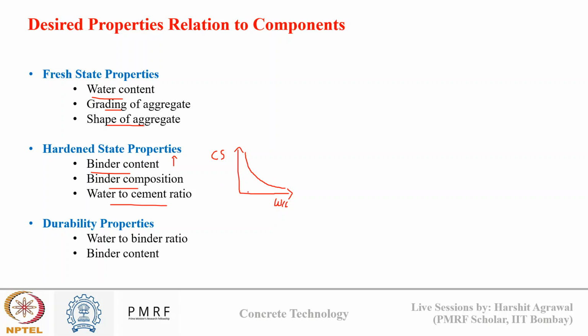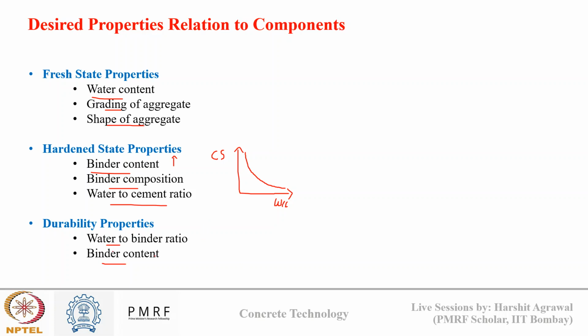Then durability properties are mainly affected by water to cement ratio and cement content. How? So as the water to cement or water to binder ratio increases, the porosity in concrete increases. So ions will easily penetrate inside concrete and they can cause durability issues.